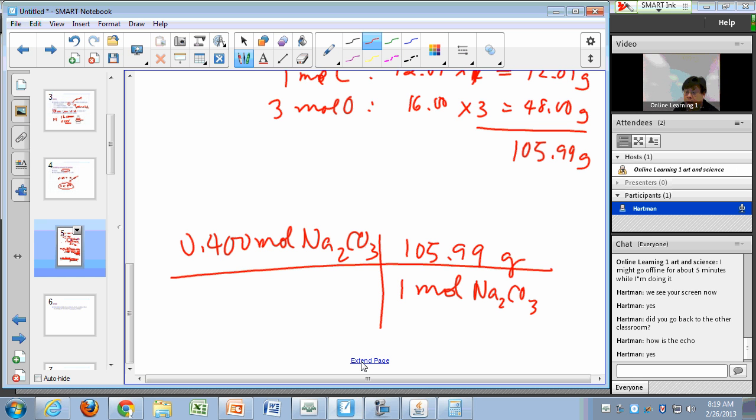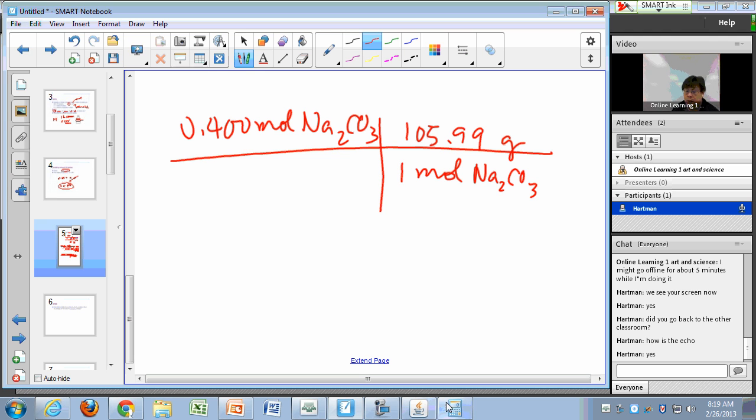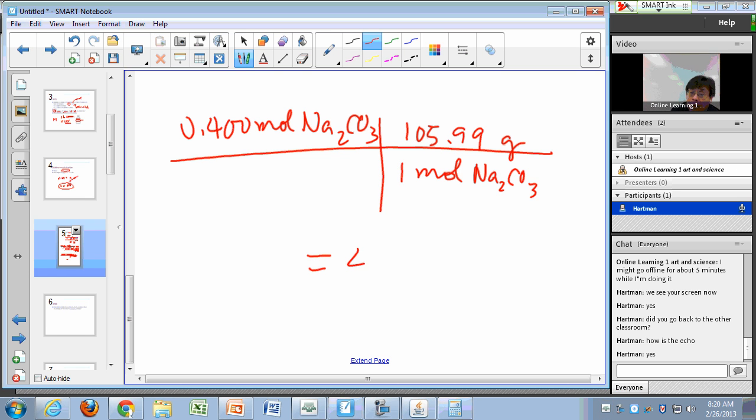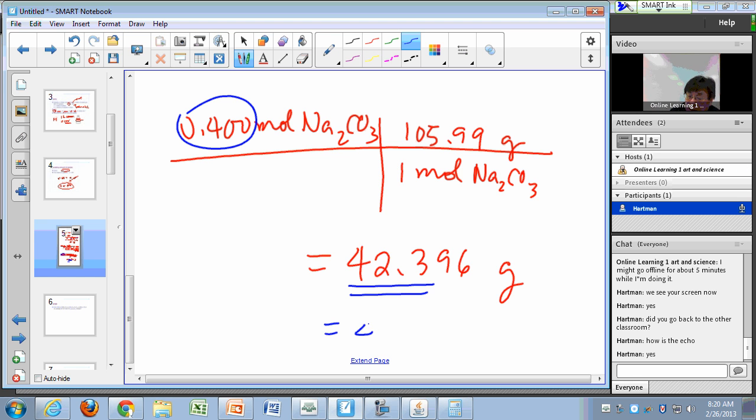So if you did that calculation, you get 105.99 times 0.4. That gives you 42.396 grams. Now you have 3 sig figs here, so you only need 3 sig figs. So the answer is 42.4 grams of sodium carbonate.